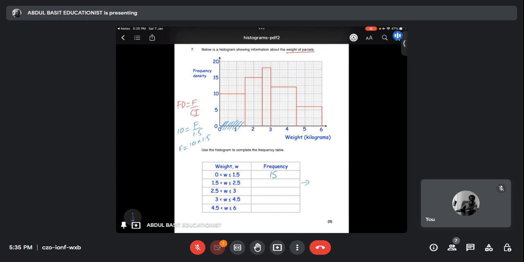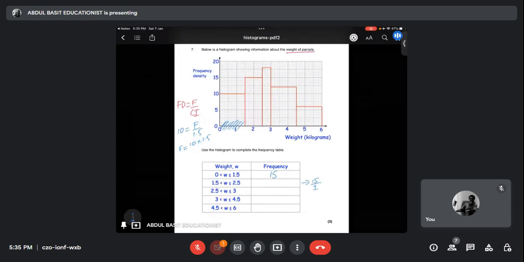Now look at the second one. The FD of the second pillar is 15 and the class interval is 1, because 2.5 minus 1.5 is 1. Sorry, it's 1. So 15 divided by 1 is 15.